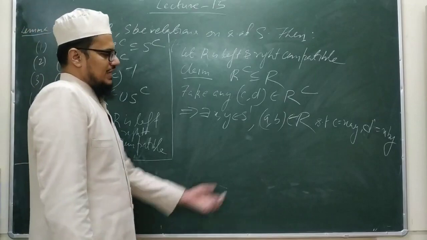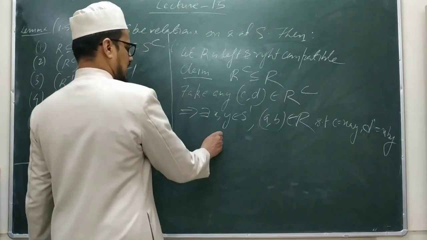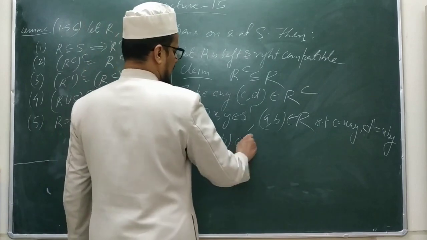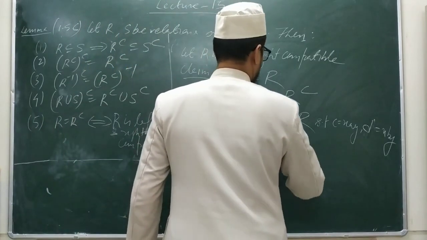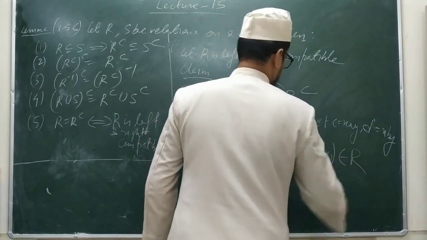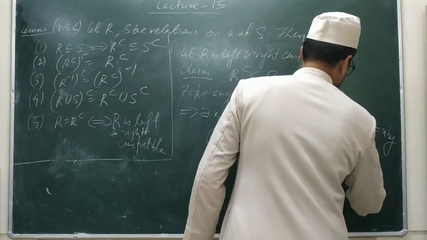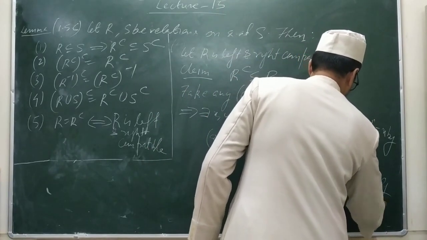Now you see, when (A, B) goes in R, it implies that (XAY, XBY) will always go in R, since R is left and right compatible.